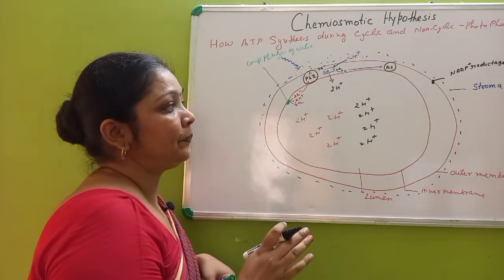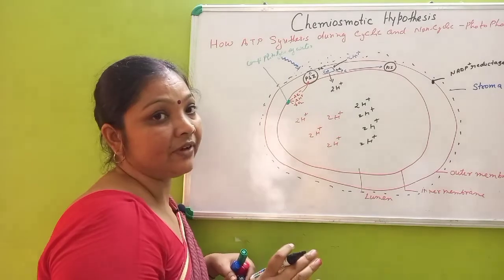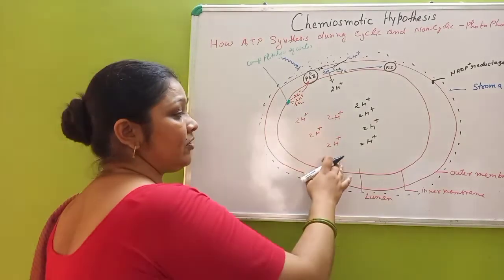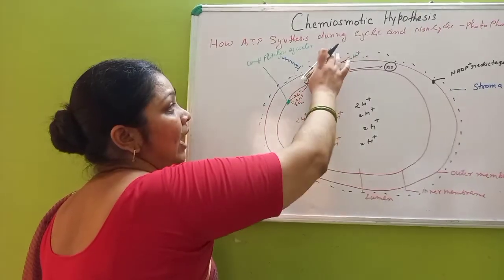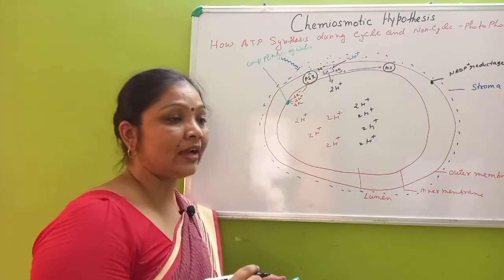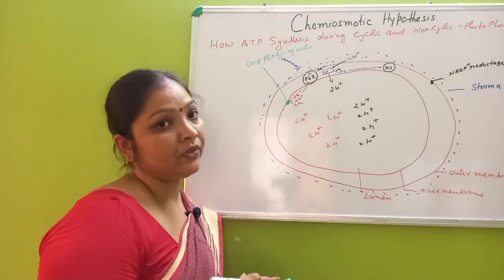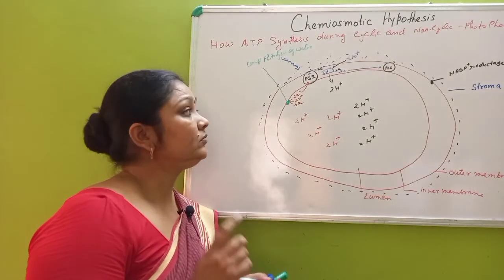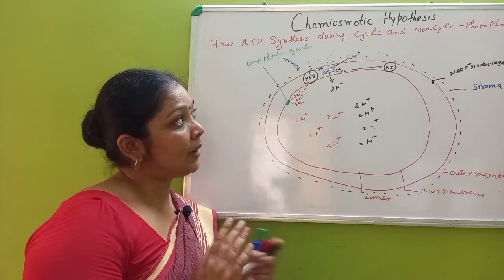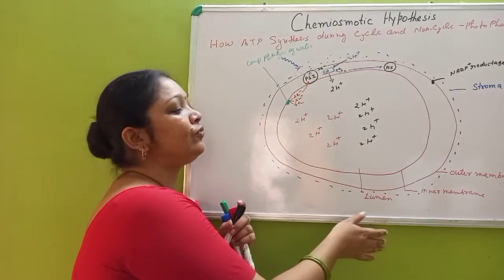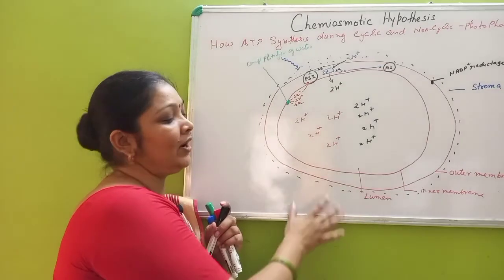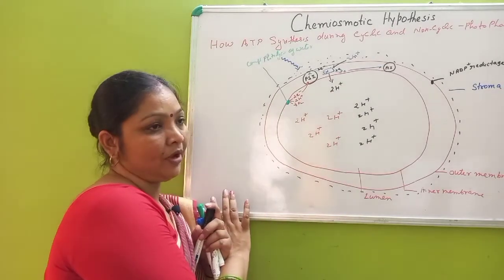Now a gradient is developed, that is a concentration gradient is developed, that is, proton is more inside in comparison to the proton that is present outside. So now to compensate this deficiency, these protons want to move out from the thylakoid and go into the stroma.